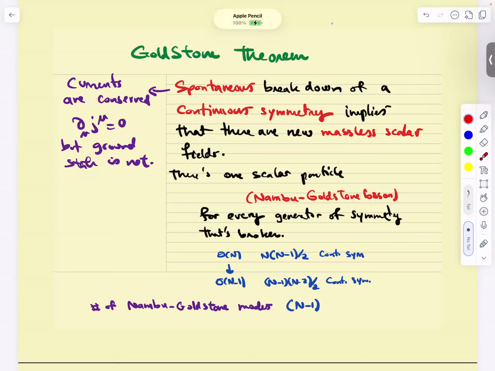The vacuum is not preserved under a symmetry, but the theory is still conserved. There are conservation laws, dynamics, everything follows the conservation laws. So this is the so-called Nambu-Goldstone boson. Sorry, there is one scalar massless mode for every broken symmetry.